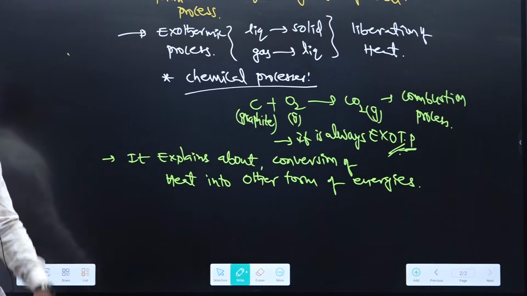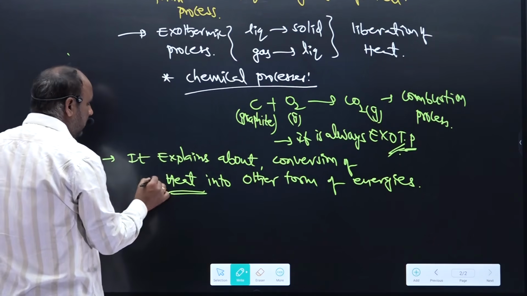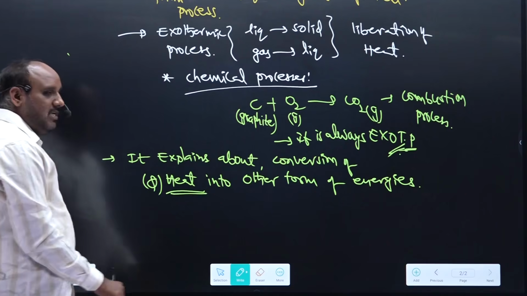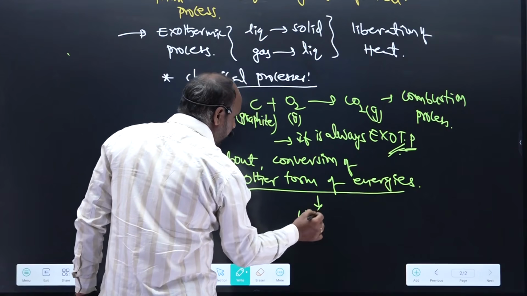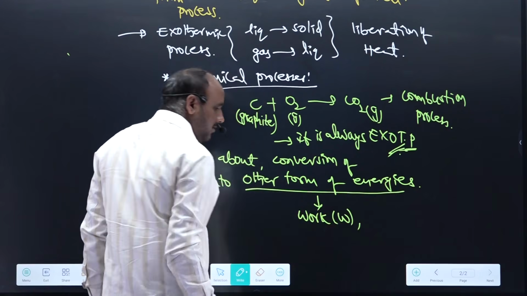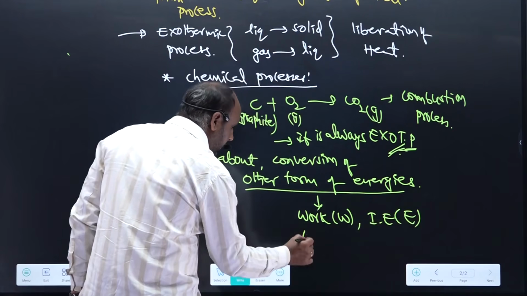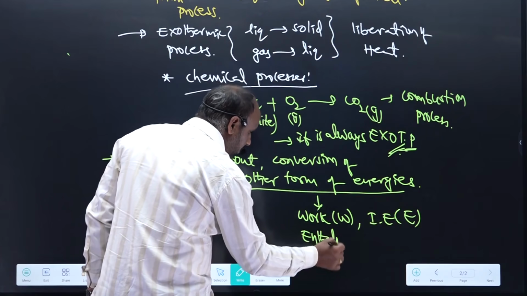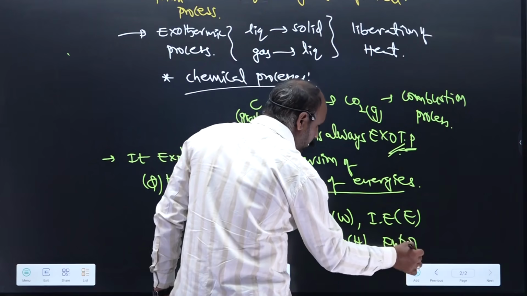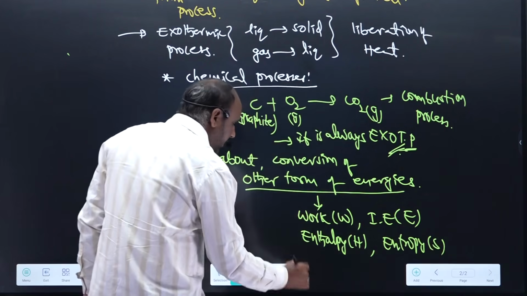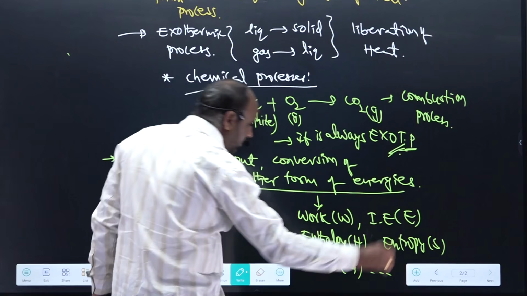What are the other forms of energies? How will this heat be converted into other forms of energies? Heat is denoted with Q. Then the other forms of energies: one is work, that is W. Next internal energy, that is E. Next enthalpy, that is H. Next entropy, that is S. Next Gibbs free energy, that is G, and so on.